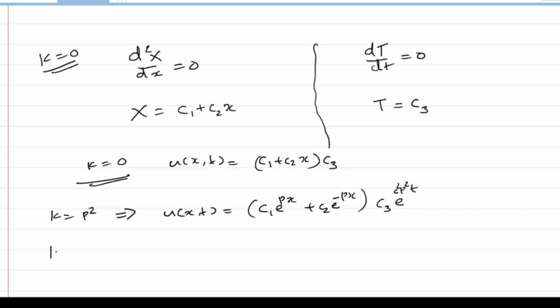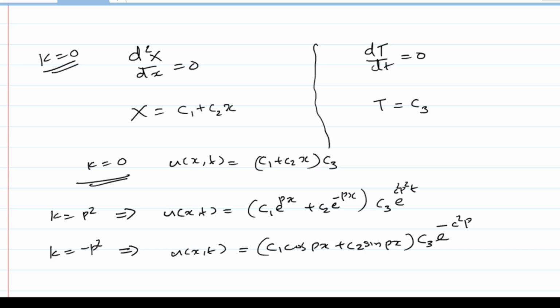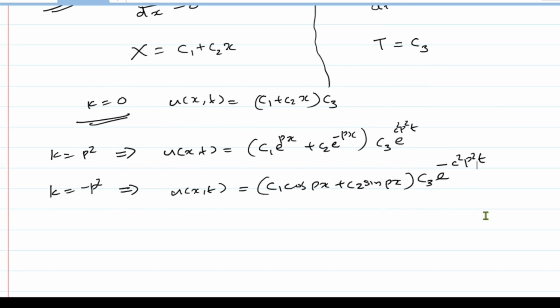For case k equal to minus p square we get u of x,t is equal to c1 cos px plus c2 sin px into c3 e raised to minus c square p square t. And in case of k equal to 0 we get u of x,t is equal to c1 plus c2 x into c3.